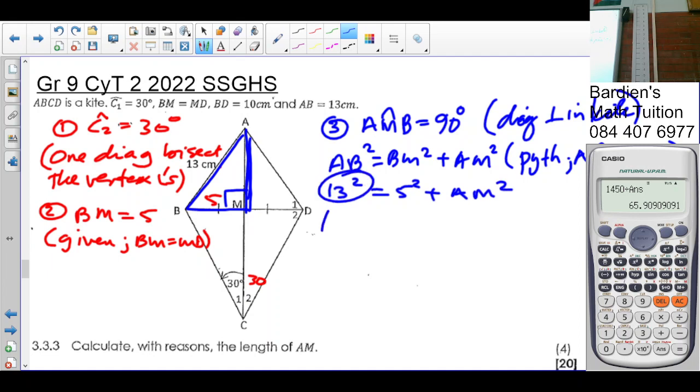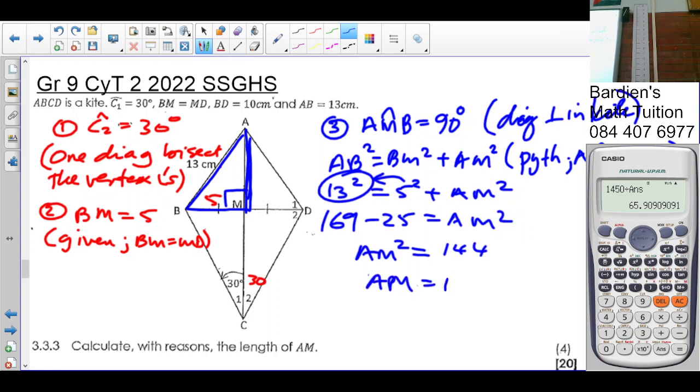That is going to give you 169 minus 25 is AM squared. So AM squared is equal to 144. The square root thereof is 12. Since those lengths are in centimeters, that should be in centimeters as well. Okay, and there they gave you 4 marks for that.